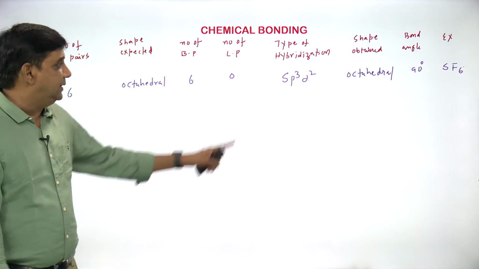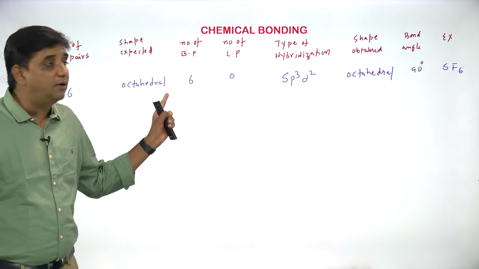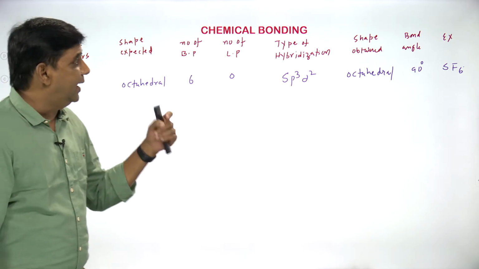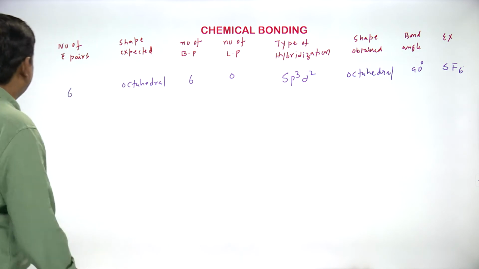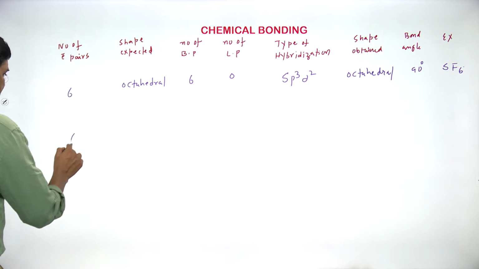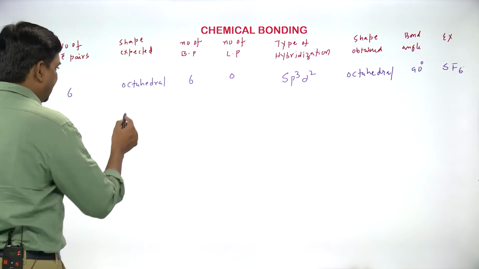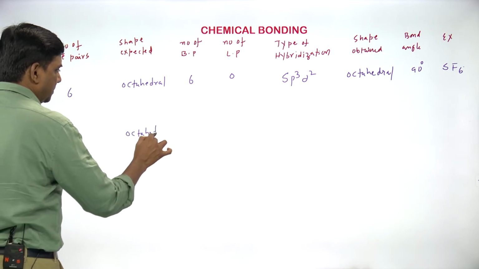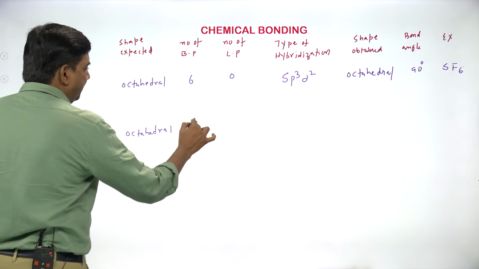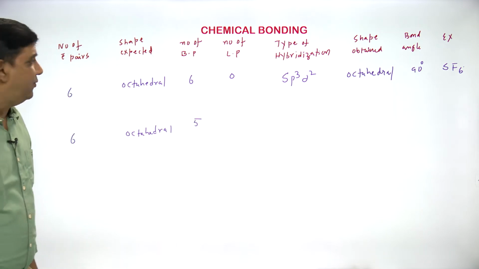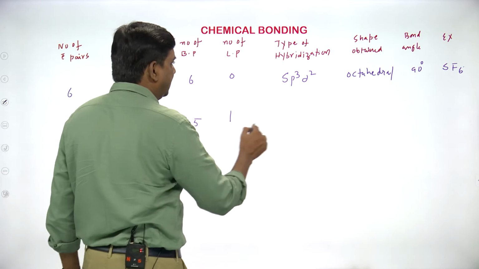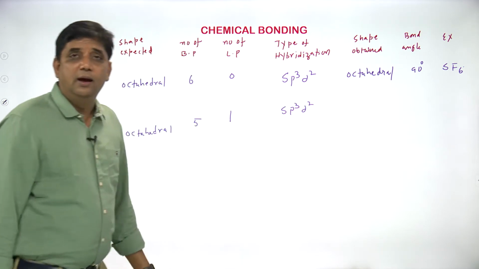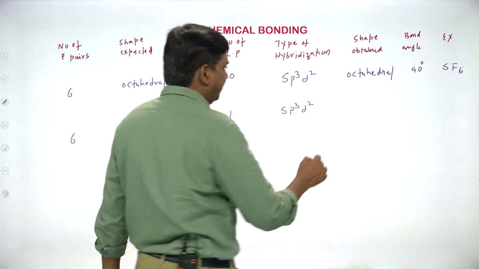See, if it is sp3d2 hybridization with 6 bond pairs of electrons, the shape would be octahedral and the bond angle would be 90 degrees. And students, if the number of electron pairs is 6 and the shape expected is the same octahedral, and the number of bond pairs is 5 and the number of lone pairs is 1, hybridization is sp3d2 only, and the shape would be square pyramidal.